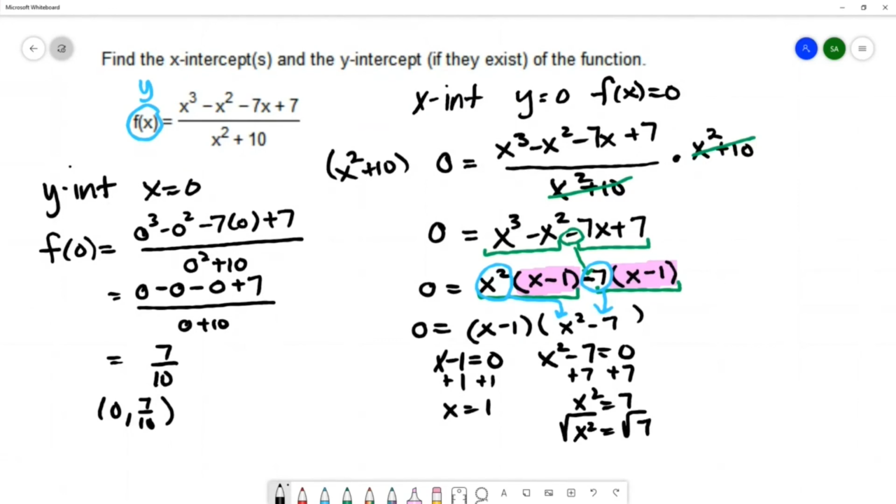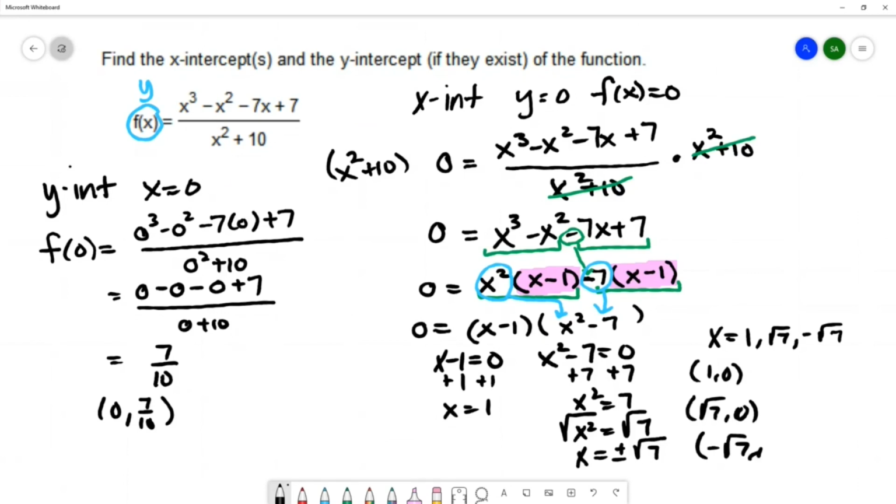When you square root a square, they cancel each other out and you get plus and minus on the other side. And so we have positive square root of 7 and negative square root of 7. So we have x equals 1, square root of 7, negative square root of 7 as our x-intercepts. If we write those in as ordered pairs, that would be (1, 0), (square root of 7, 0), and (negative square root of 7, 0). Those are our x-intercepts.